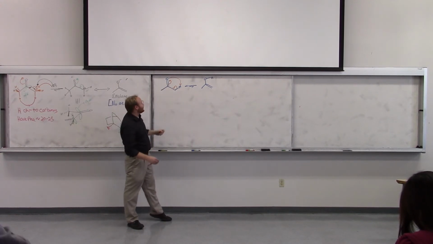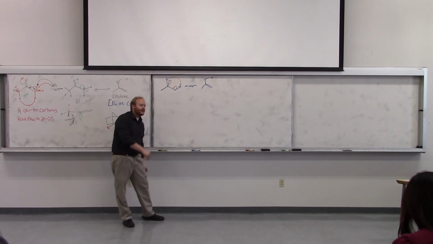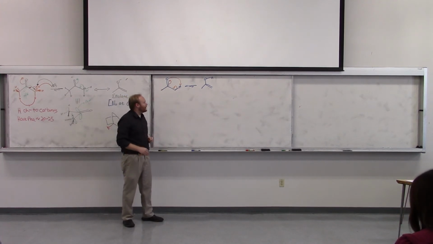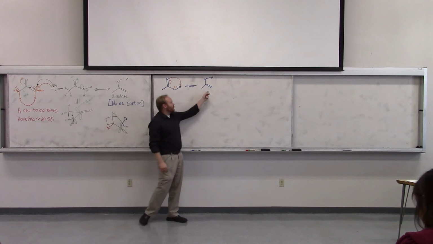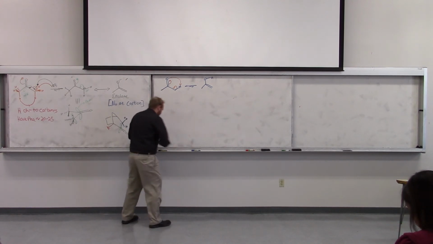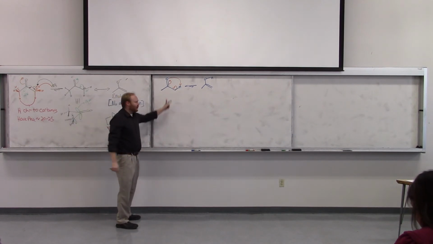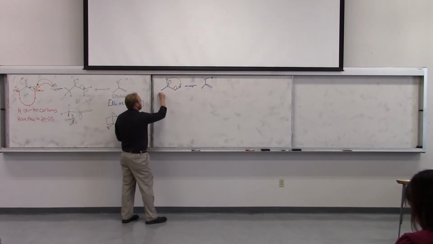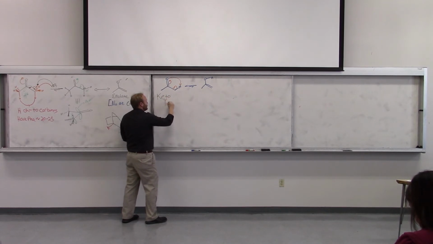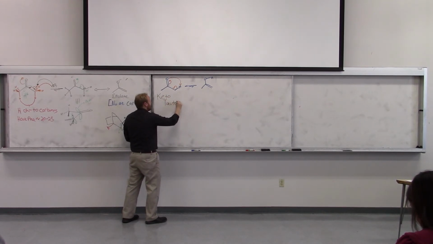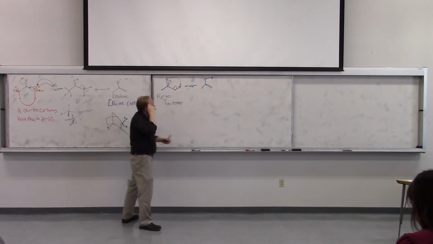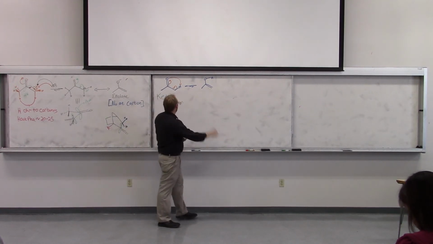So it's very similar to a basic deprotonation to give us an enolate. It's just an intramolecular thing that gives us our neutral enol. When it comes to tautomerization, we call the carbonyl the keto tautomer, and we call the alcohol the enol.